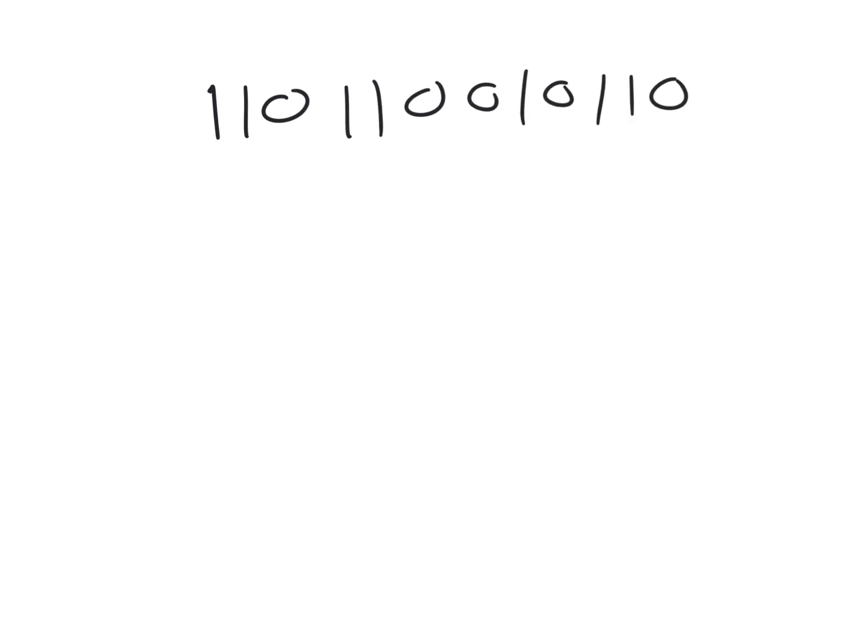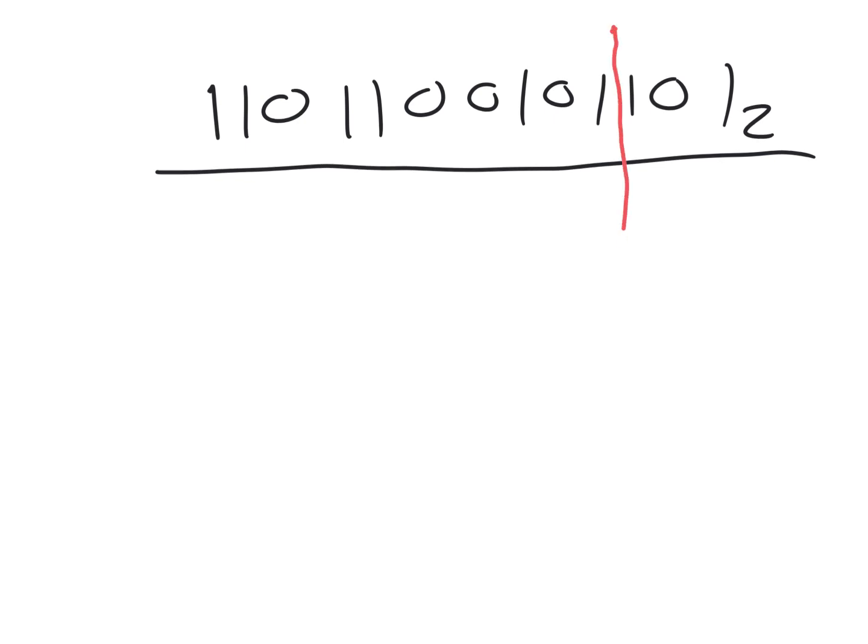Okay, so let's do binary again. I'm just going to make up some numbers. 1, 1, 0, 1, 1, 0, 0, 1, 0, 1, 1, 0, 1. Just kind of random, okay? All right. Start on the right and break up into three digits.